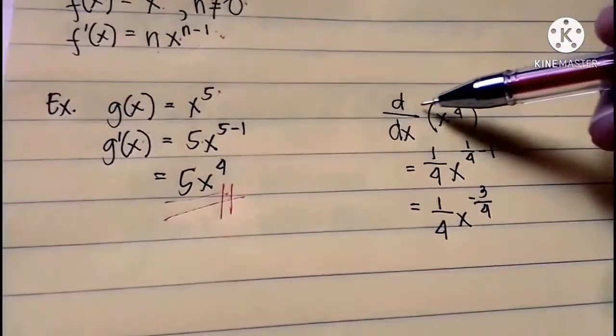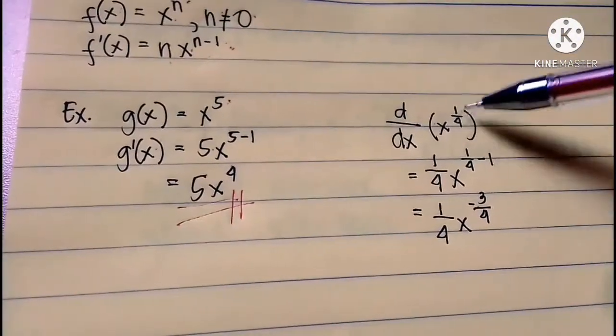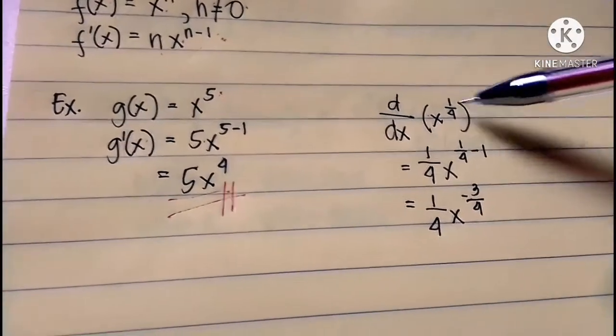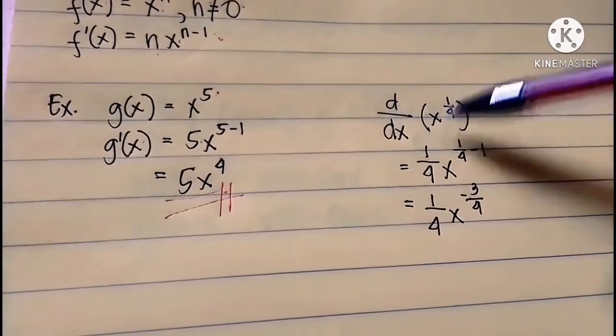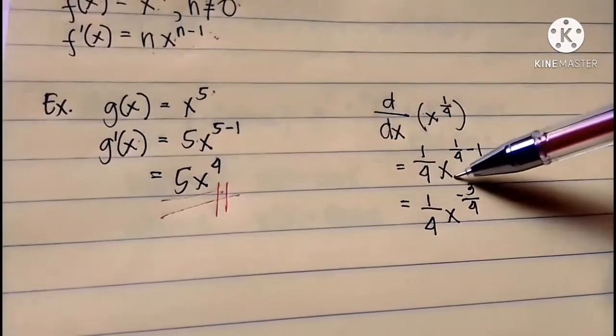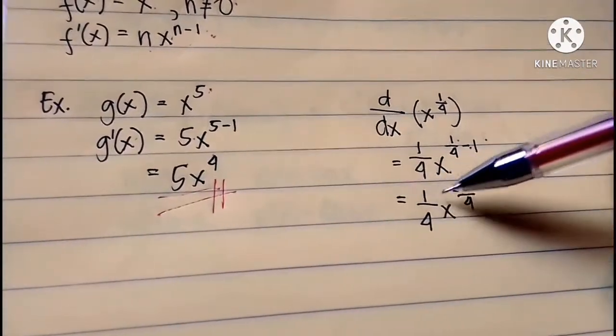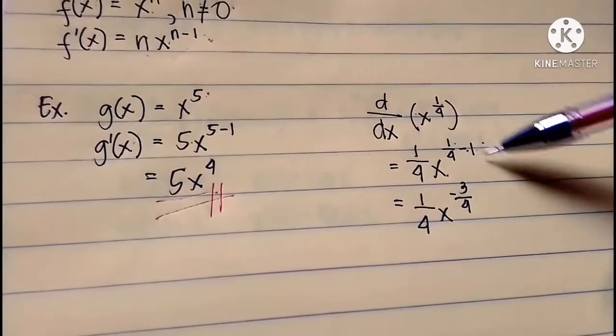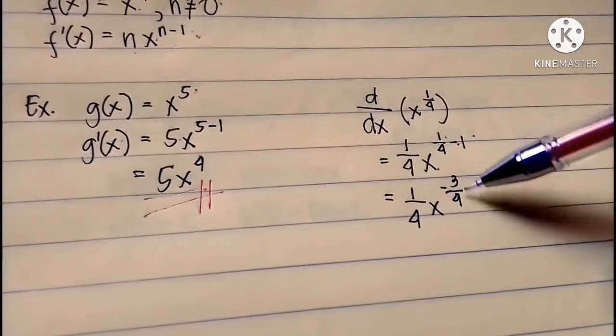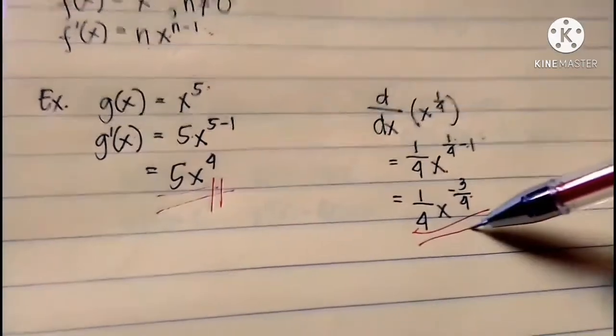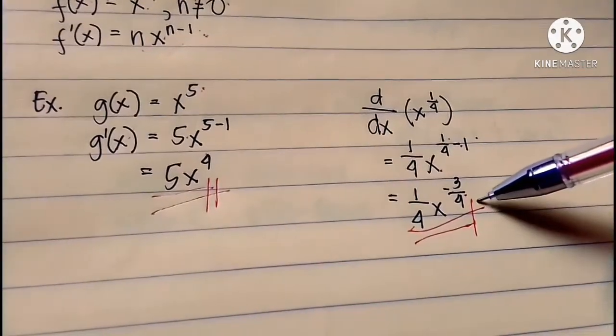Next, if we have the derivative of x to the power of 1/4, then bring down the 1/4, x to the 1/4 minus 1. So 1/4 minus 1 is equal to negative 3 over 4. We have the final answer.